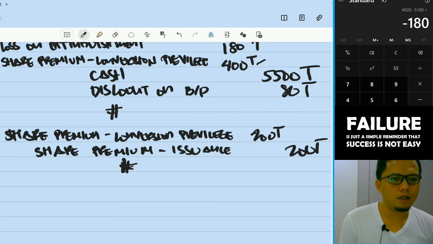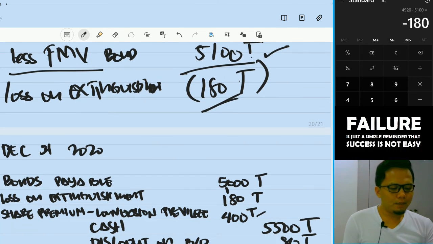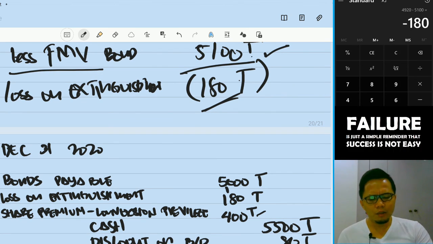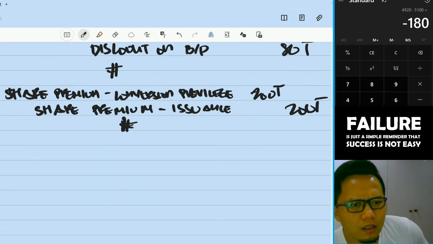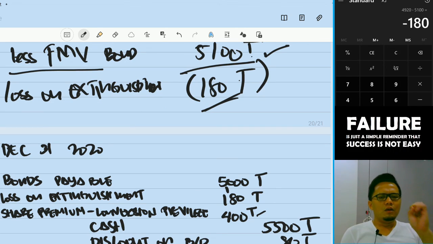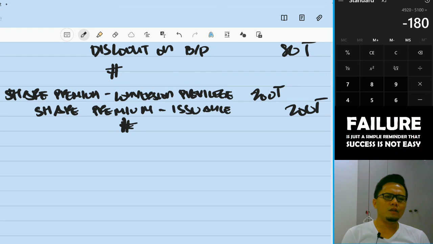Payment before maturity date. So, recap lang, no? If convertible bonds are paid prior to maturity, then we need to compute for the gain or loss on extinguishment. It is the same concept with gain or loss on retirement. It is computed as the carrying amount minus the extinguishment price.